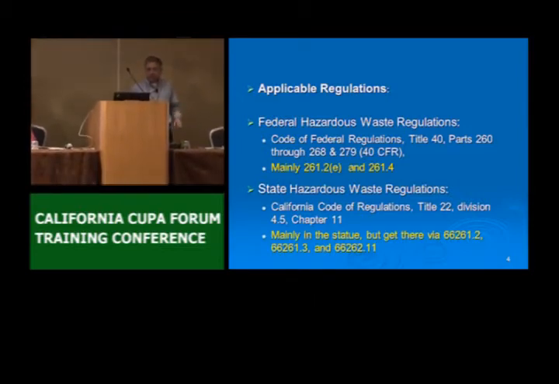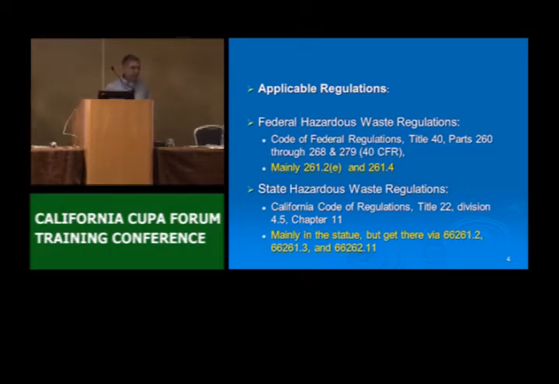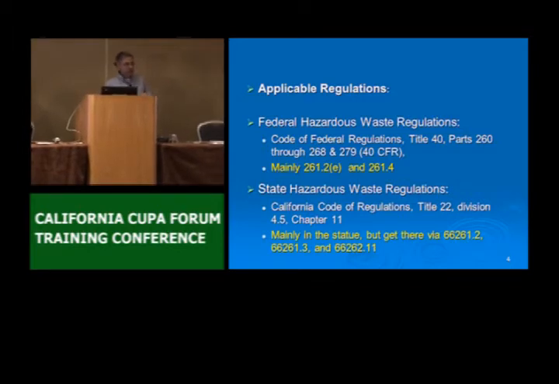At the state level, the hazardous waste regulations are in Title 22, which you're all familiar with, but it's mainly in the definition of waste in 66261.2 in the recycling table, in the definition of hazardous waste, 66261.3, and then again in the hazardous waste determination procedure section in 66262.11. All three of those sections direct the generator who's making a hazardous waste determination back to 25143.2 in one way or another.